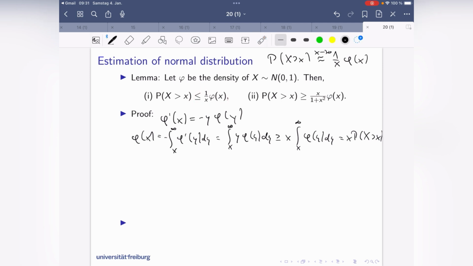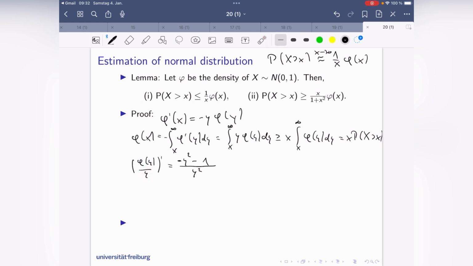And for the second estimate, there's a similar trick. The trick is, if I have phi of y divided by y and take the derivative, well, I have a y squared in the denominator, and I have a y times phi prime, which is minus y squared, because I have one y from the denominator and one from the derivative of phi, minus the numerator, which is phi, times the derivative of y, which is 1.